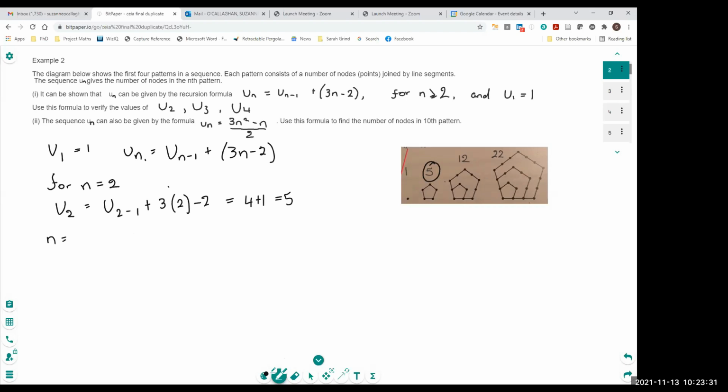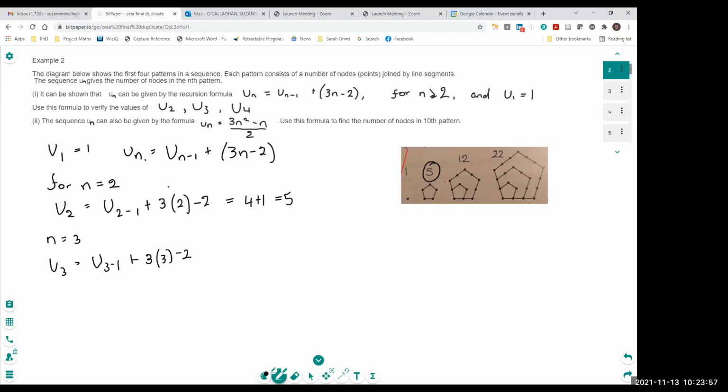For n is equal to 3, we have u of 3 is equal to u of 3 minus 1 plus 3 times 3 minus 2.